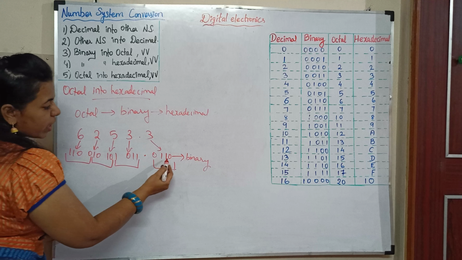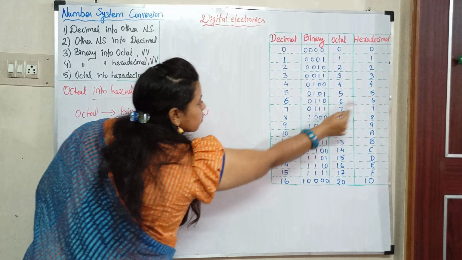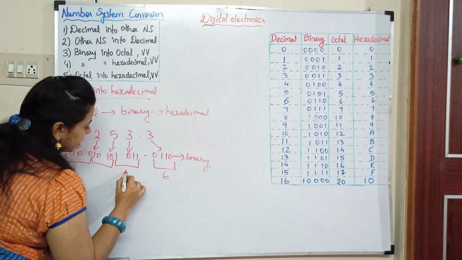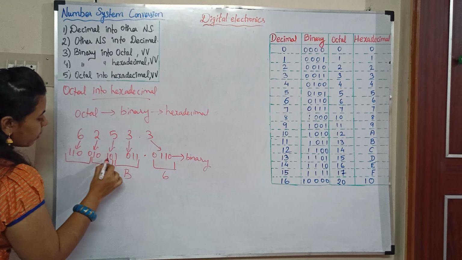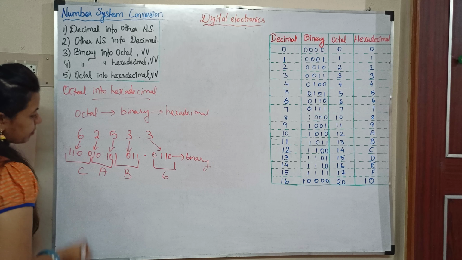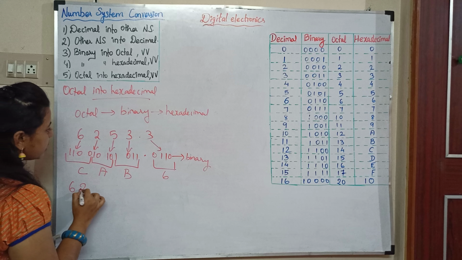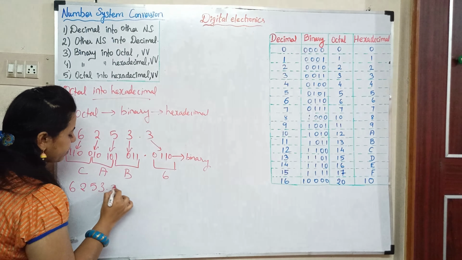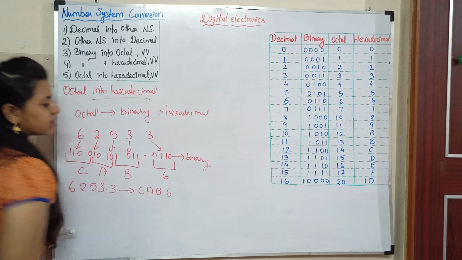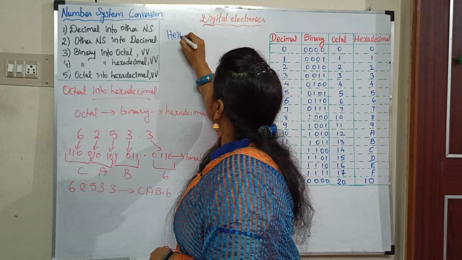What is the hexadecimal value of 0110? 6. Next 1011 is B. 1010 is A. 1100 is C. So octal value 6253.3 equals CAB.6.